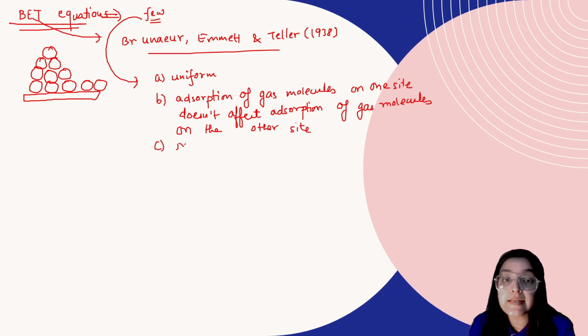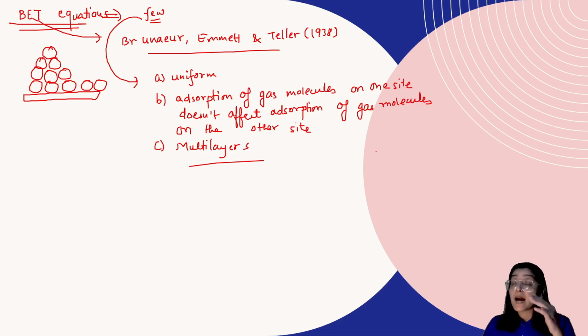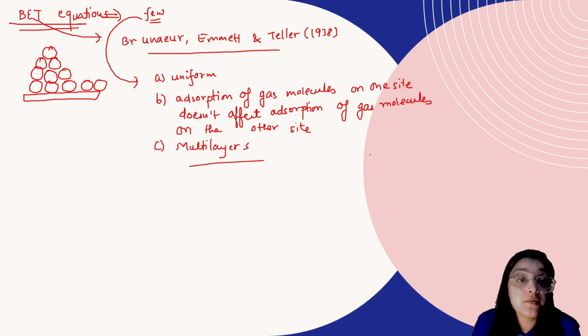Third, multi-layers are formed. I have already mentioned and shown that multi-layers are formed, but you must see that only the first layer is in contact with the solid surface, while the rest are in contact with the previous layer of gaseous particles.